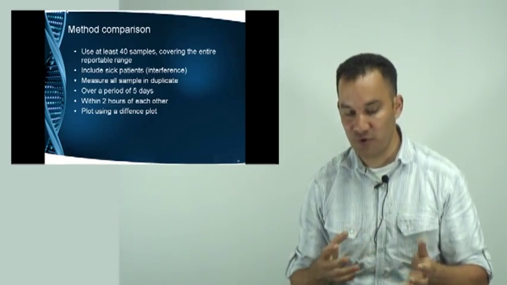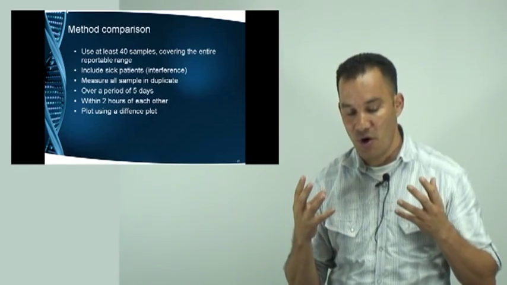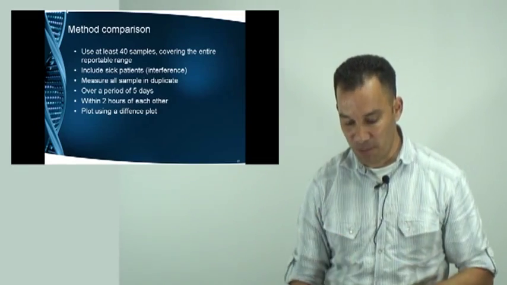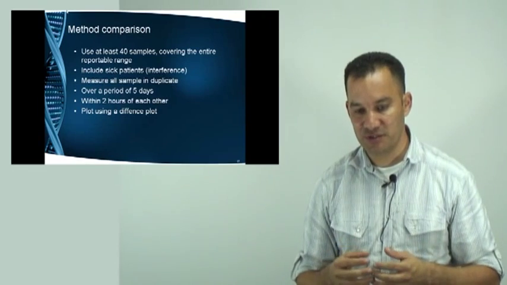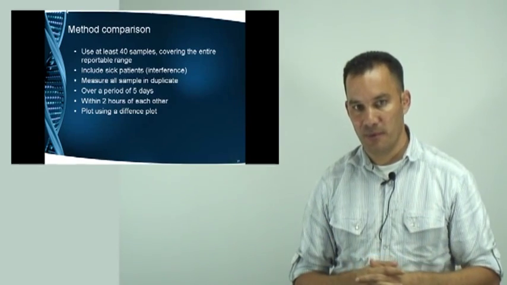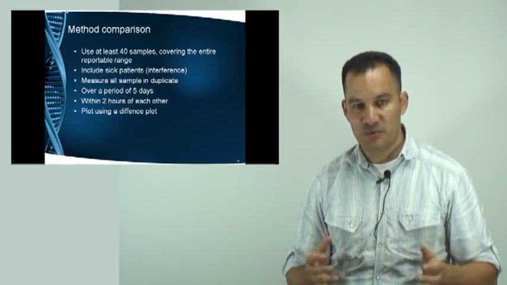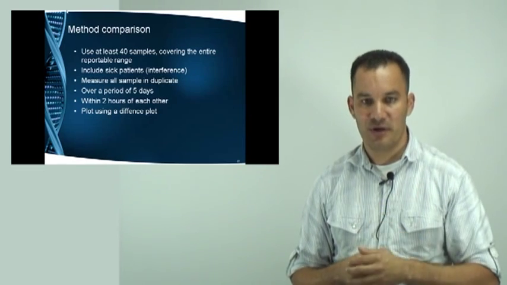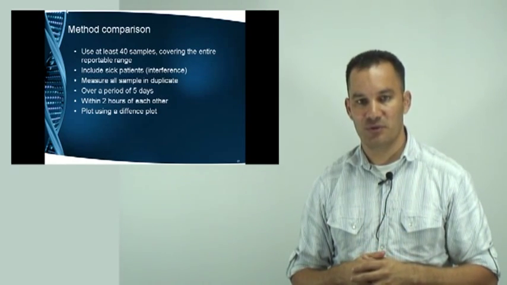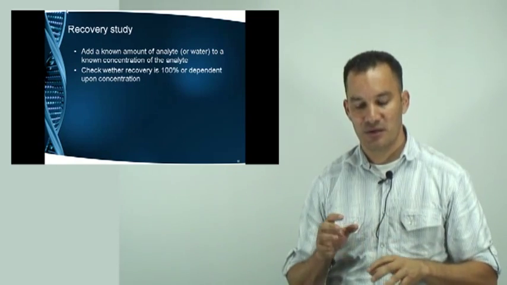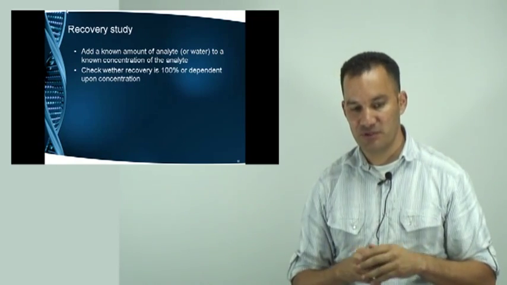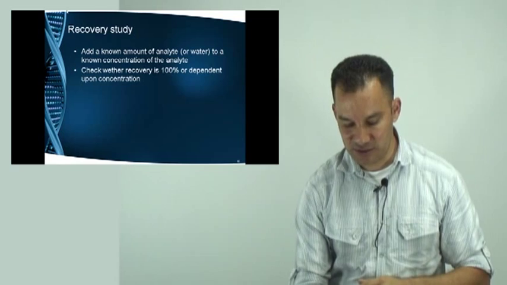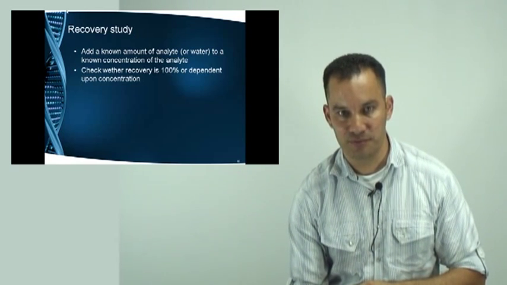It will also give you a good indication of proportional error. So the method comparison, using at least 20 samples, or 40 as the Americans like to do it, using sick patients, but smearing it out over a couple of days, will give you a good estimate of bias and other issues.